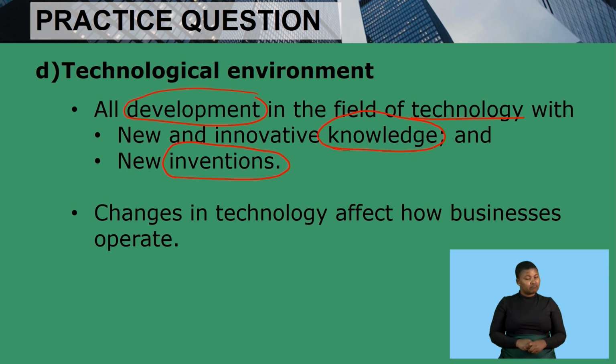So any changes in technology that can have an effect on your business is then a description of our technological environment. So remember, briefly describe means that it has to be in full sentences, but usually you don't have to elaborate as much as if the question asked for a full description.